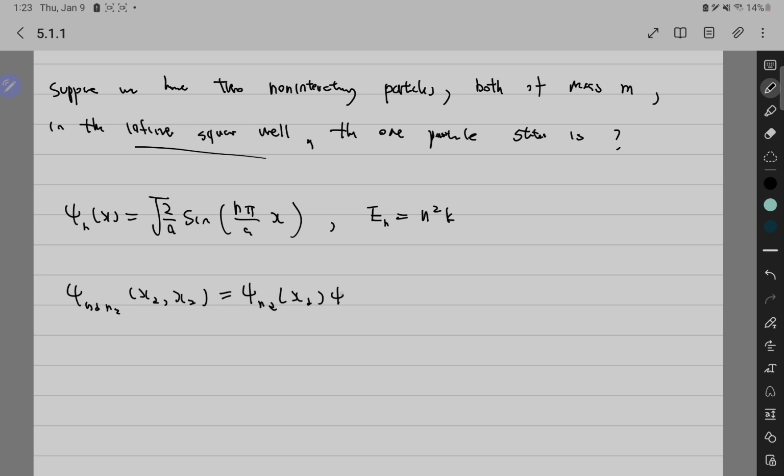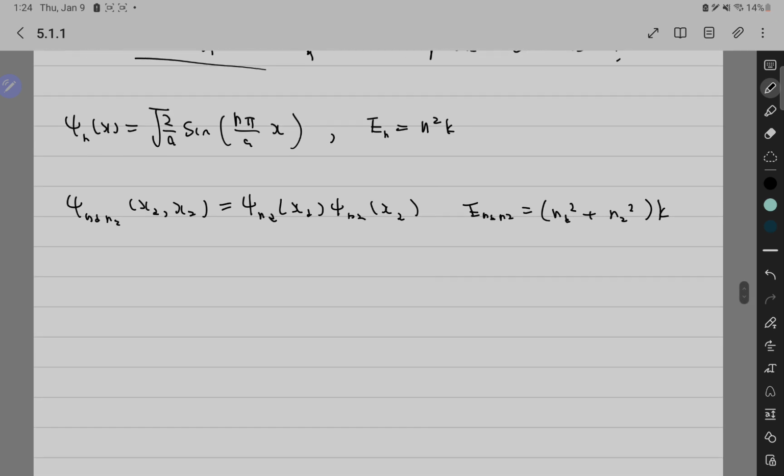What we have done here is broken the wave function composed of two particles into two individual ones. And the energy E n1, n2 would be n1 squared plus n2 squared, multiplied by k.